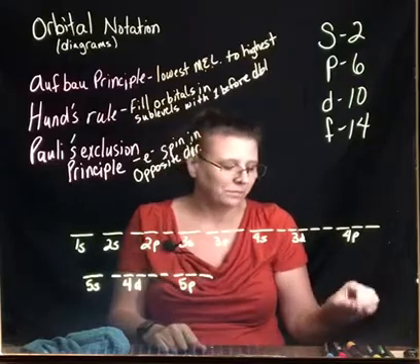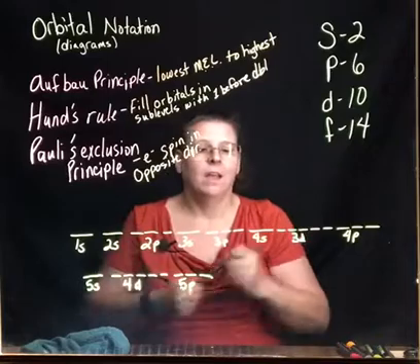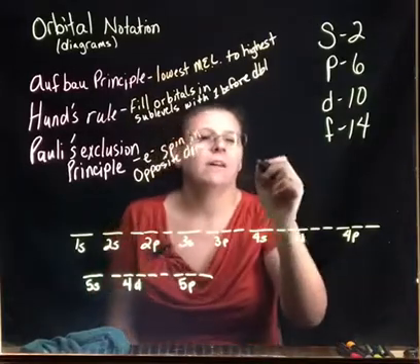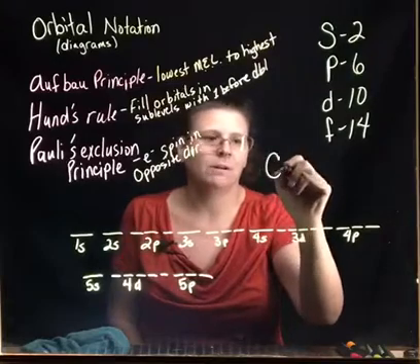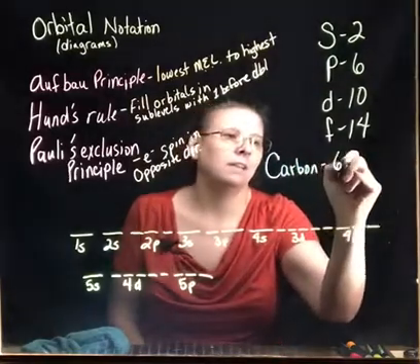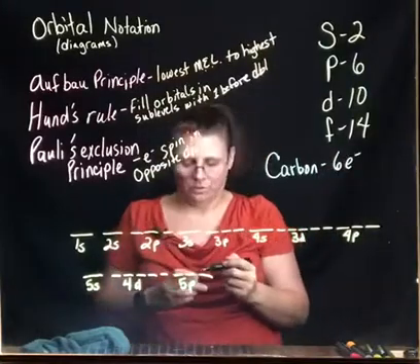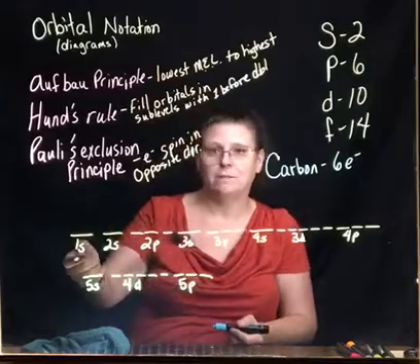Okay? So let's see what this looks like in a diagram. Let's do carbon first. Carbon has 6 electrons. So what we have to do is start filling up the 1s level first.